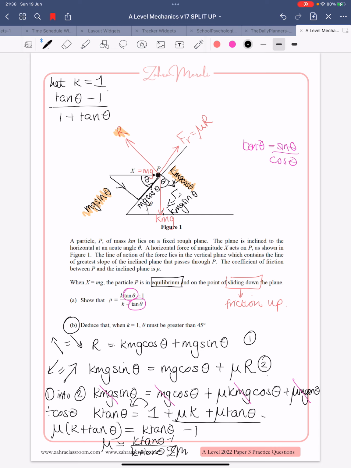Now we've got mu, which is our coefficient of friction. Now you can never get a negative coefficient. So we know all of that has to be greater than 0. So therefore tan theta has to be greater than 1. So then theta is greater than 45. So that second bit's quite straightforward. Even the first bit, if you got the resolving right, the rest follows.